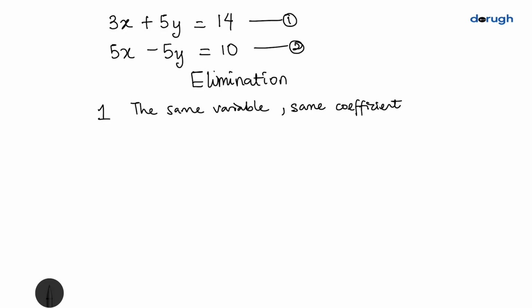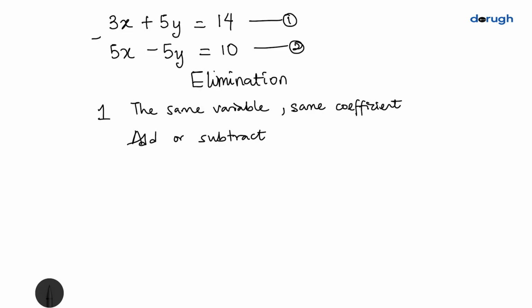So how are we going to do that? Well, we're going to have to either add or subtract the equations from each other. I usually like to represent it by a plus or a minus sign just here in front, depending on what we're going to do. Now that is where we have to take into account the sign of the coefficient.